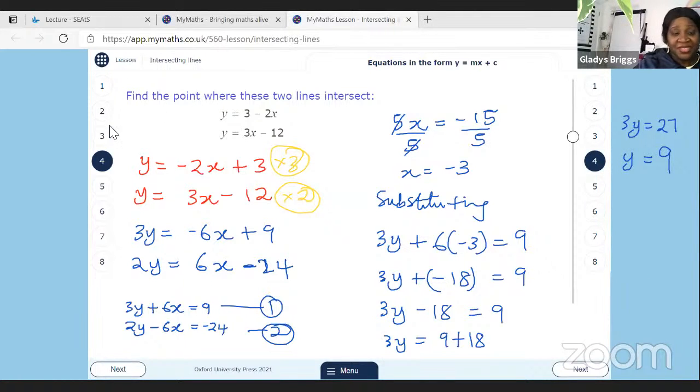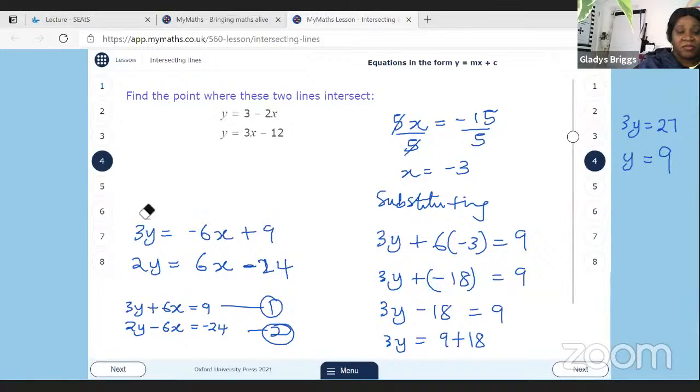Okay, so here are some for you to practice. Okay, this one requires a little bit of rearranging. Teacher, it's piece of cake. Oh, that's good, that's what I want to hear.